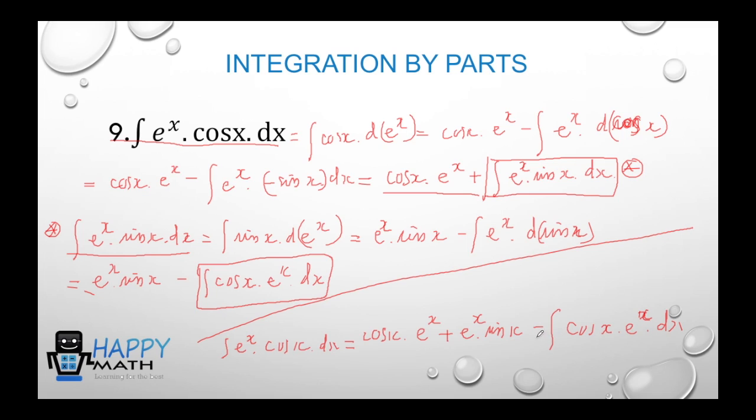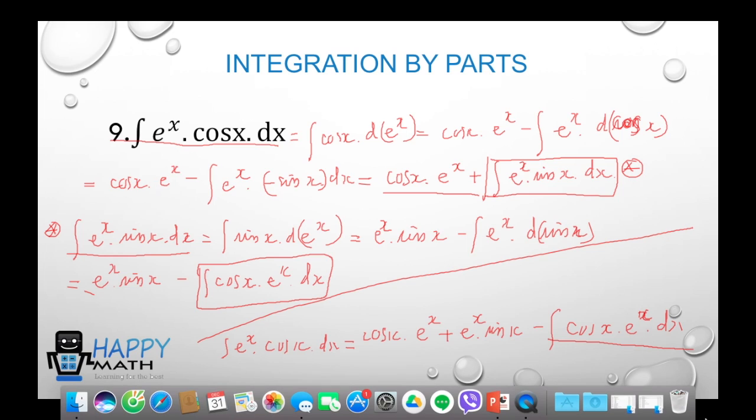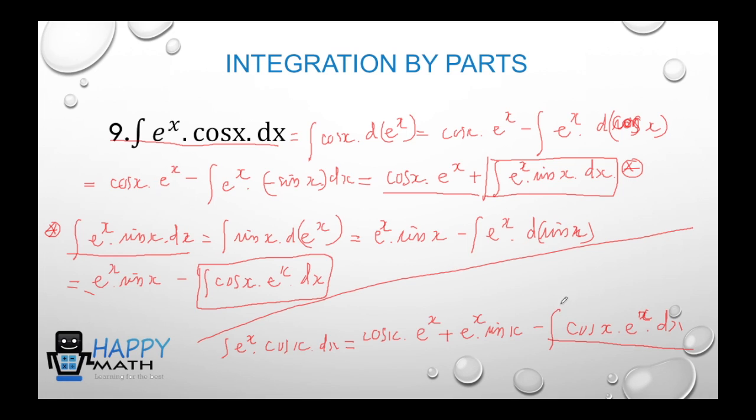So when you change the position of the minus cos x e power 2x times with dx to the other side of this expression, you will see that it is 2 times the integration. So just take this term divided by 2, and you will get the result of this integration.